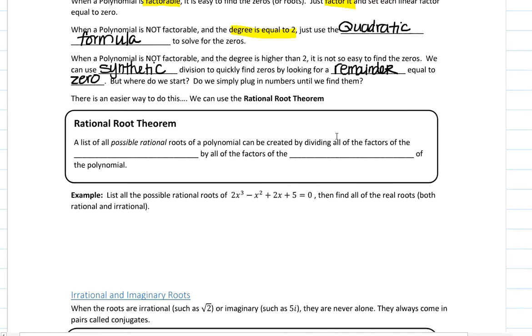A list of all possible rational roots of a polynomial can be created by dividing all of the factors of the constant term by all of the factors of the leading coefficient of the polynomial.